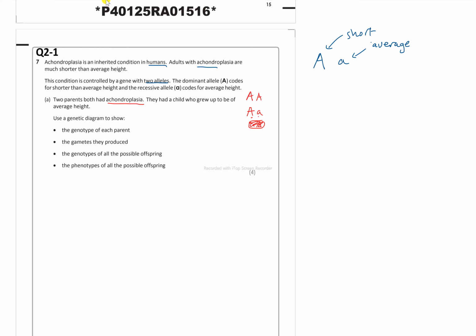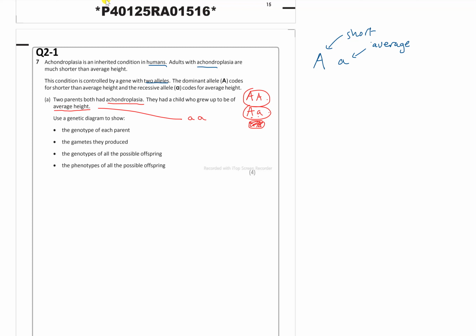But what makes us suspect, right? That could have been mum and dad, or mum or dad, we don't know, because they both have achondroplasia. Did mum and dad have both, or did one have this and the other have this? But we know they had a child who grew up to be of average height. So the child must have inherited a and a.